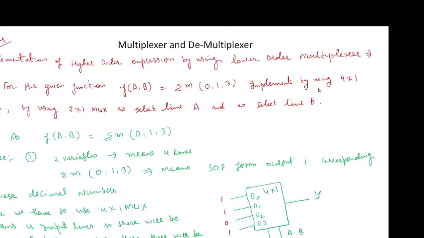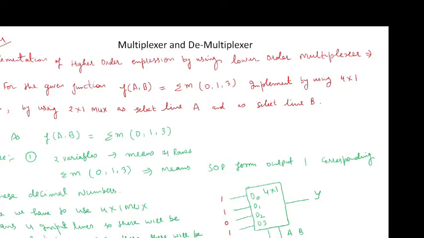Implement it by using a 4 by 1 multiplexer, and by using a 2 by 1 multiplexer, where the select line is A, and in the second case the select line is B. Now see the solution. Because your function is given in the form of the two variables A and B, there will be 4 rows.